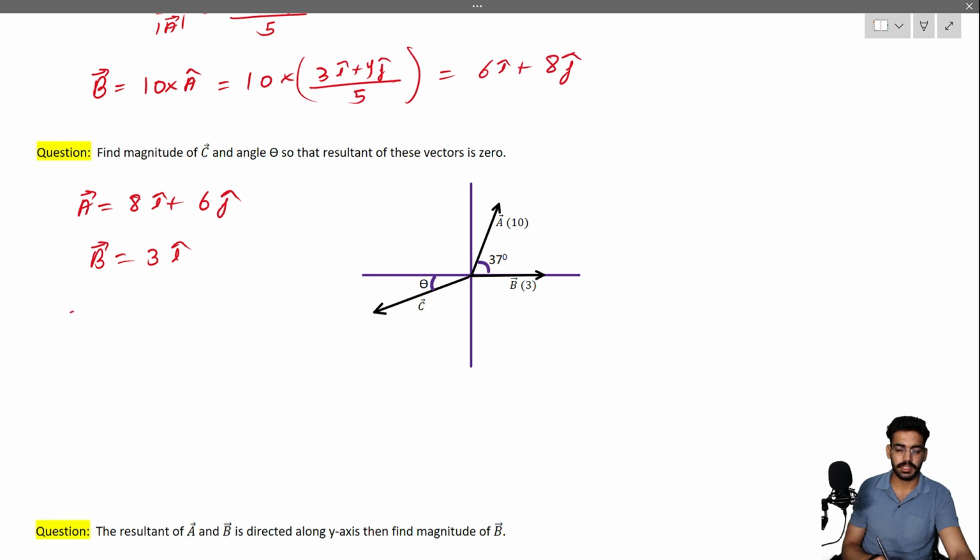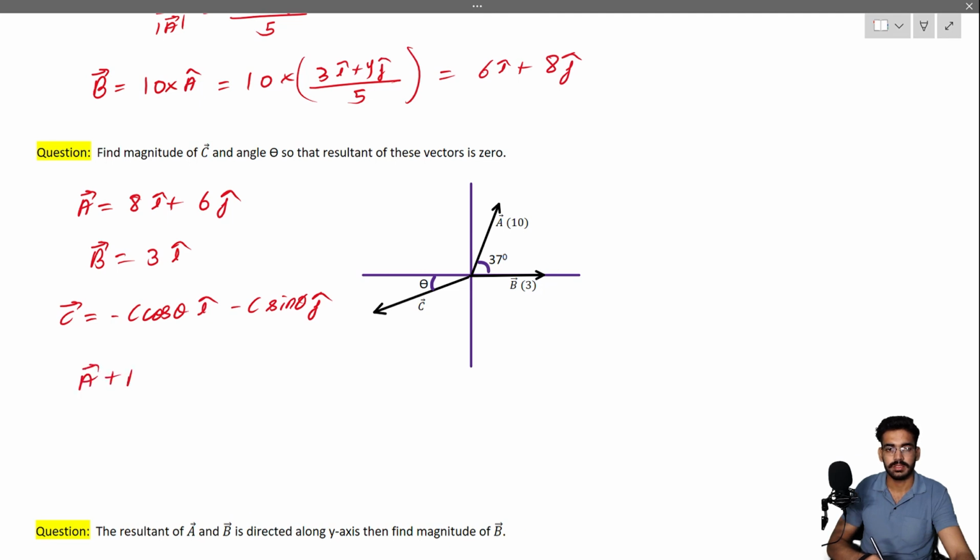C vector, if I write down, its magnitude is c, right? So I can write minus c cos theta i cap and minus c sin theta j cap. Okay, and now he is saying resultant of these three is 0, means a plus b plus c equal to 0. So let's add.